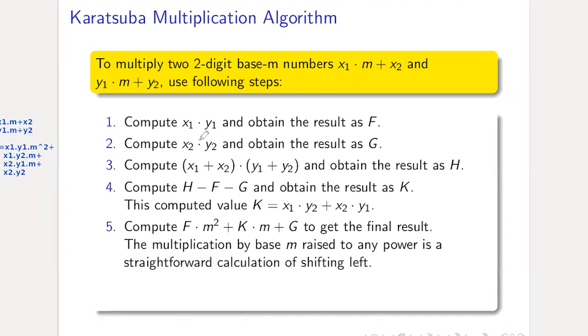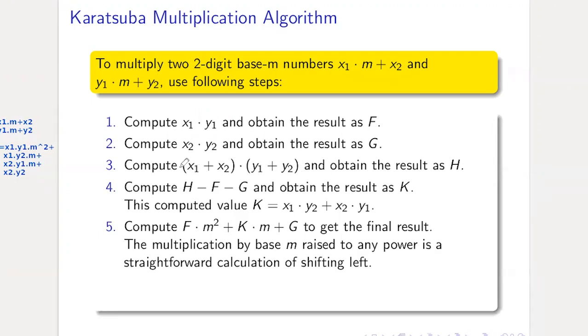Karatsuba's algorithm would compute x1 times y1, and let's call that f. It will also compute x2 times y2, and it is called g. Then it will compute x1 plus x2 times y1 plus y2, and the result will be h.